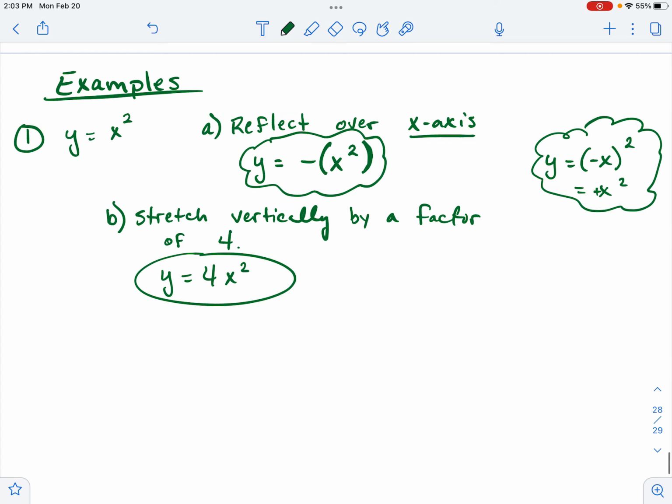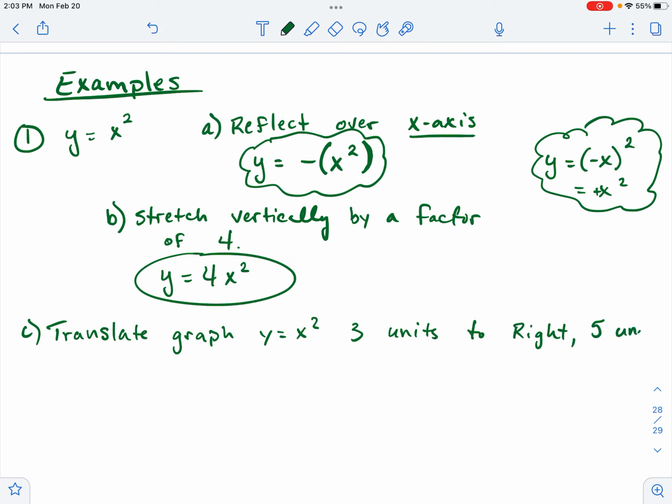Part C, we're going to translate, or move, the graph y equals x squared 3 units to the right, 5 units down, and we are going to compress by a factor of 1/2.